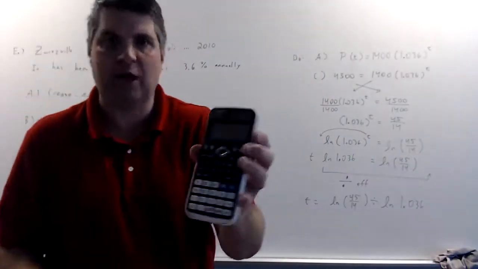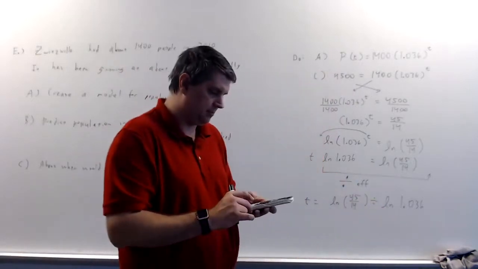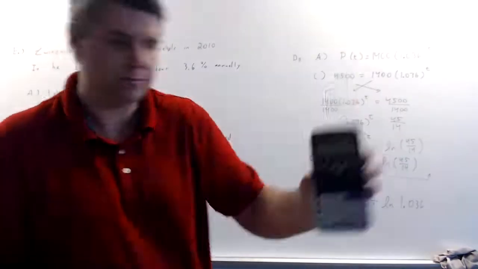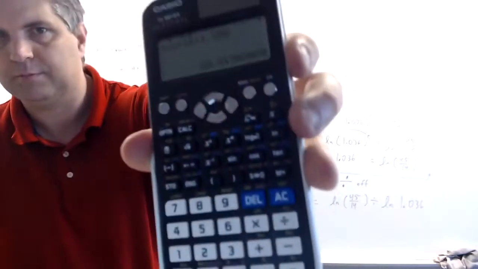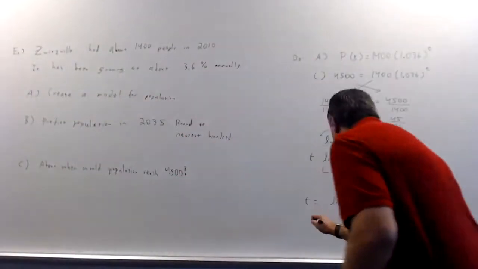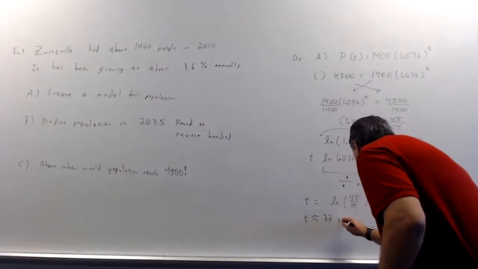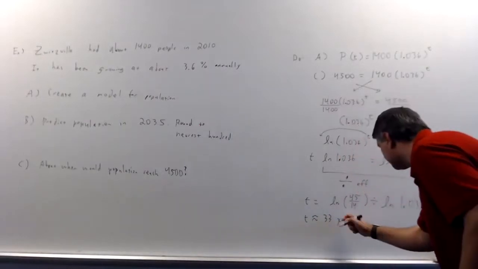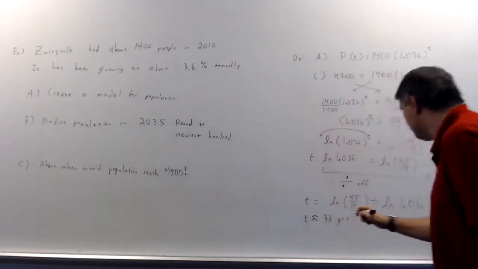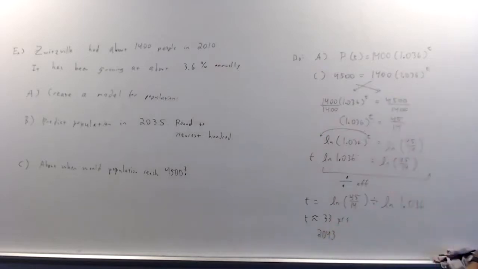Now, with that number still on your calculator, divide by the natural log of 1.036. And I get approximately 33 years. So t is approximately 33 years. Adding that to the year 2010, the year would be 2043.